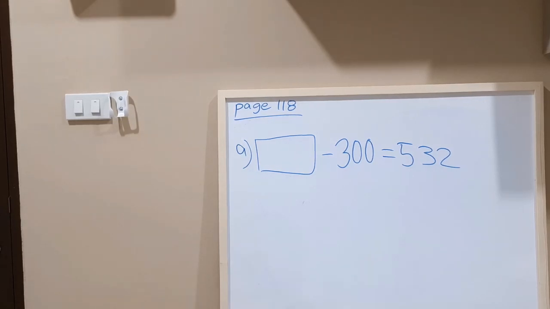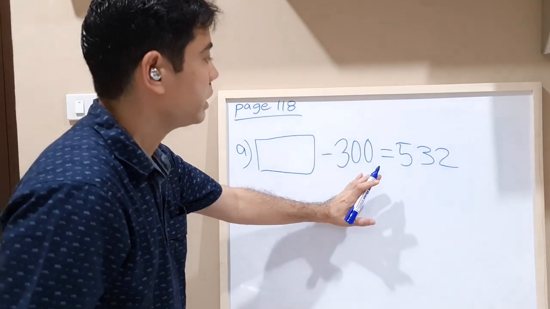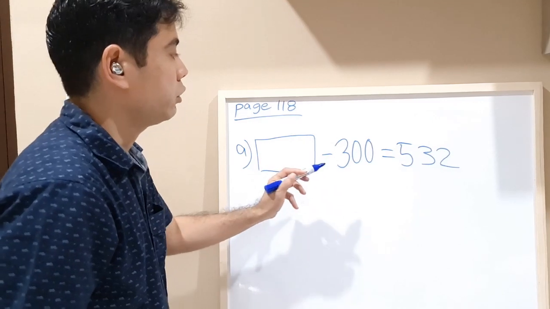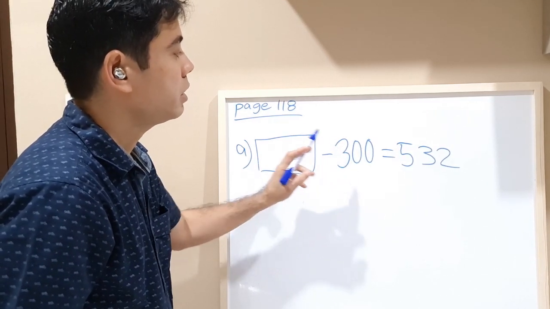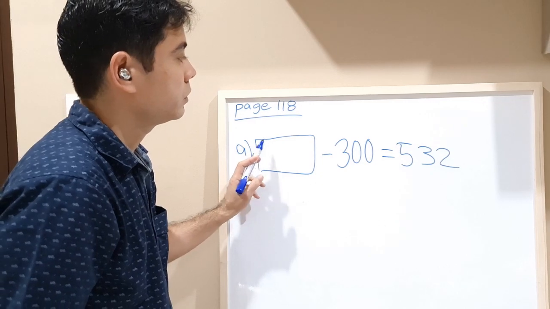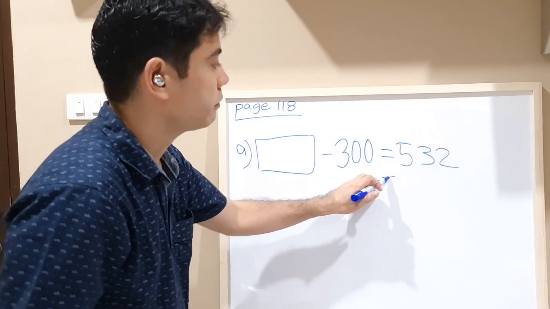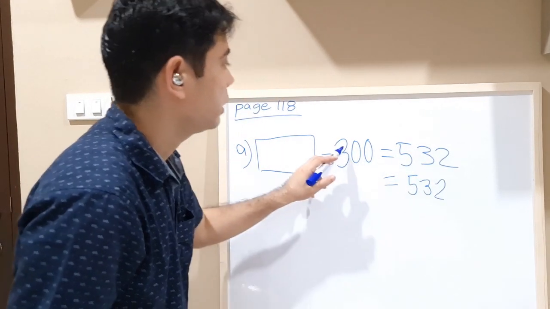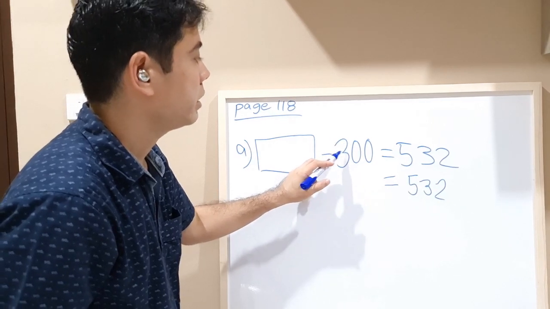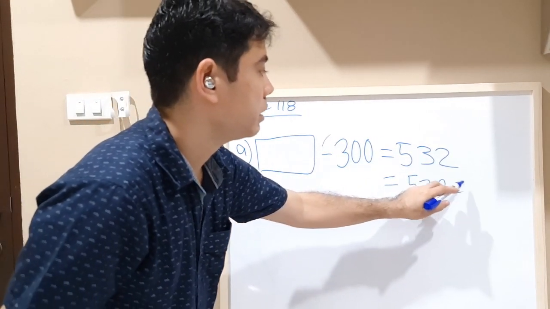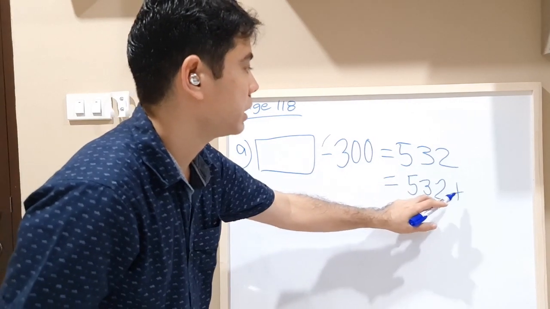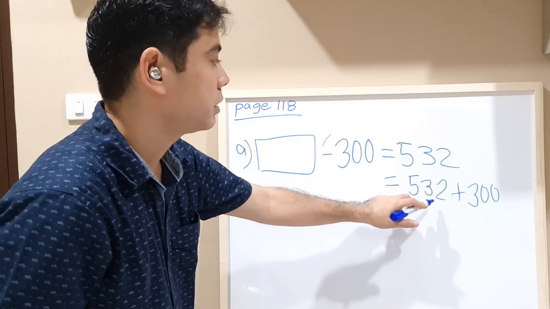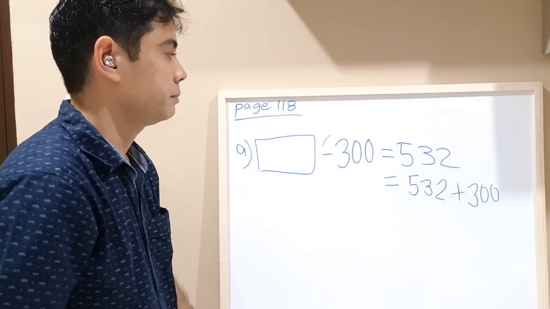Okay, now let's try subtracting 300 from the missing number to get this one. Now, since this is a small number, we need a bigger number. So we can put 300 over here. So 532, and then we add negative 300, we make it positive, okay? Negative, we make it positive, 300. Now we can add 532 plus 300.